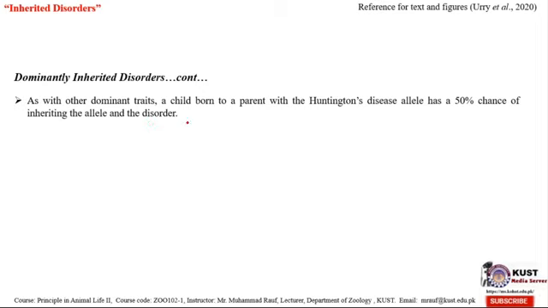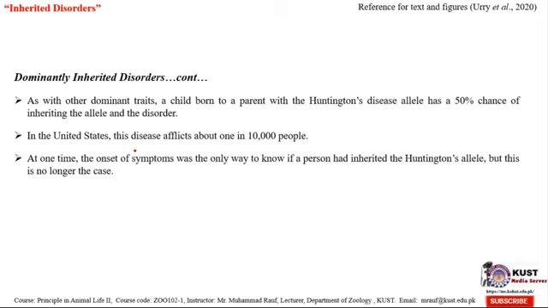So you can also construct a Punnett square for the outcome of the crosses. In the US, this disease occurs in 1 out of 10,000 people. At one time, the onset of symptoms was the only way to know if a person had inherited the Huntington allele, but it is no longer the case because of advancements in genetic testing.